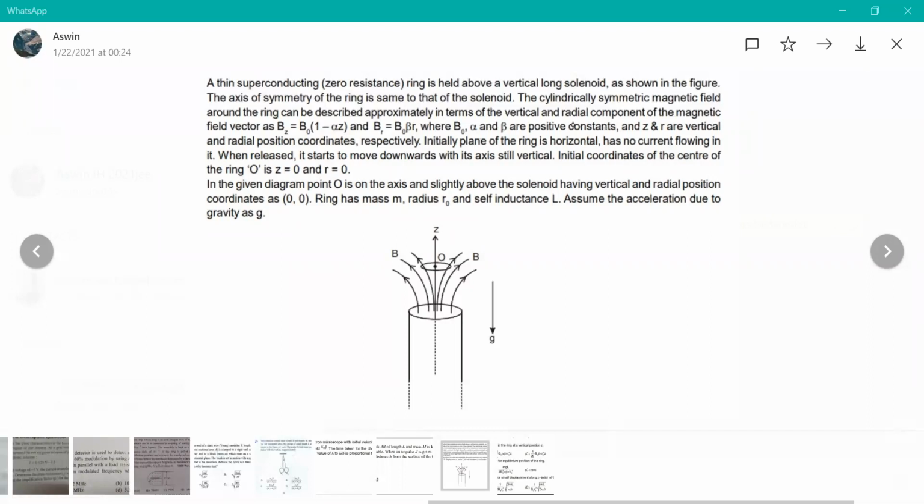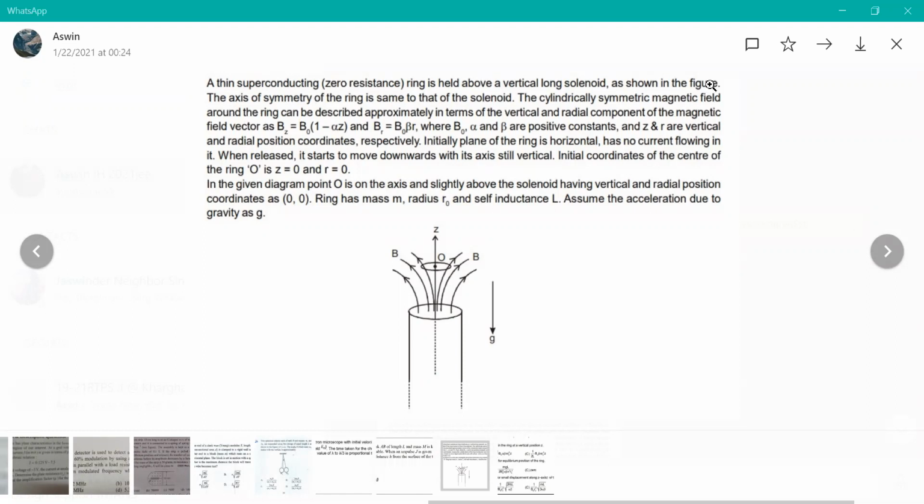Okay. So in this ring situation, you can see that through the circular ring, the Z component of magnetic field is the one which is creating flux. Whereas the radial component of field is not creating flux, but later we will see that it's going to create magnetic force when there is induced current.